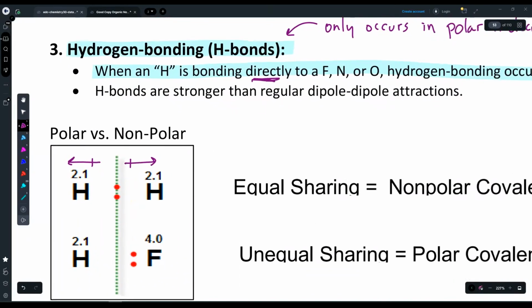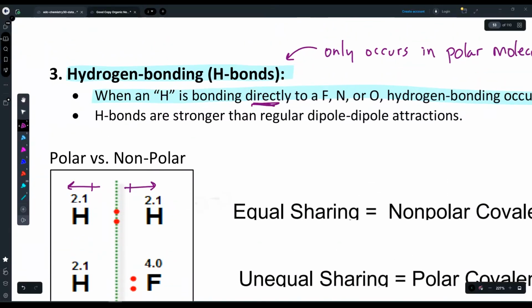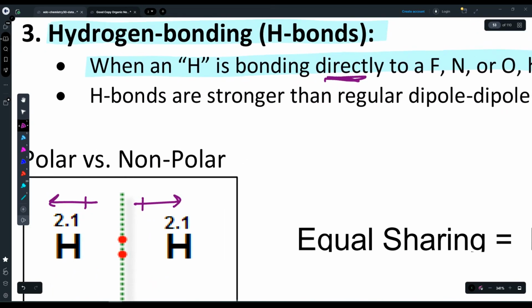Because each hydrogen atom is pulling with equal and opposite force, they essentially just cancel out, which means that this is a nonpolar molecule. Okay? So let's write out some of the stuff I said.